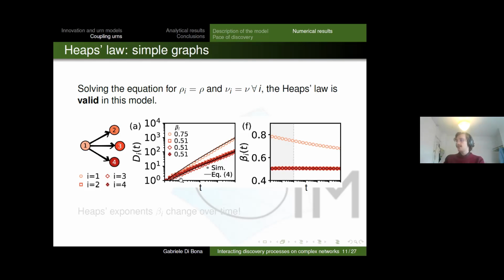Node 1, which is enriched, has a higher Heaps exponent, a higher rate of discovery, and if you estimate the Heaps exponent, node 1 is clearly higher. But interestingly, although the other 3 never change, node 1 changes.